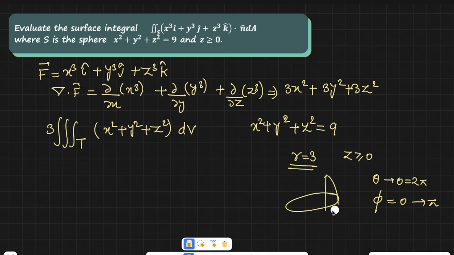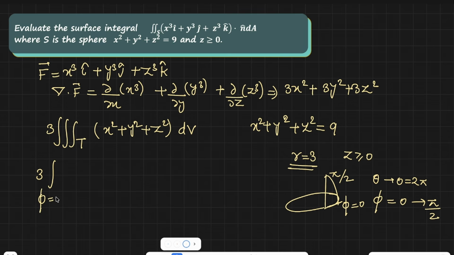So now phi is running from 0 to pi by 2, not from 0 to pi. It is very, very important. So in this hemisphere, using the spherical coordinate system, phi is going to be 0 to pi by 2. Theta will be the same, 0 to 2 pi, because it goes all the way around.